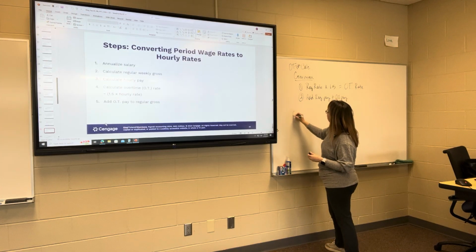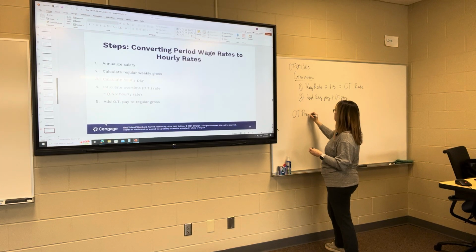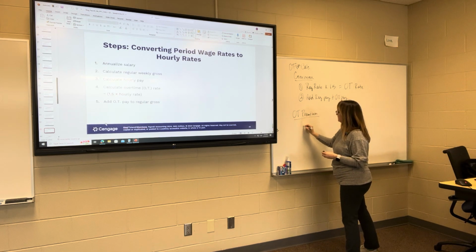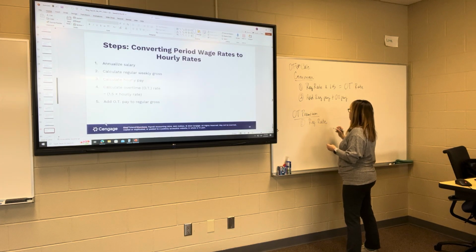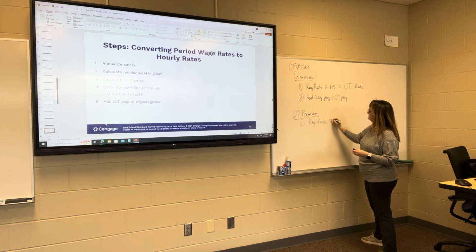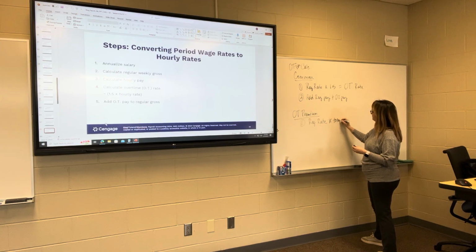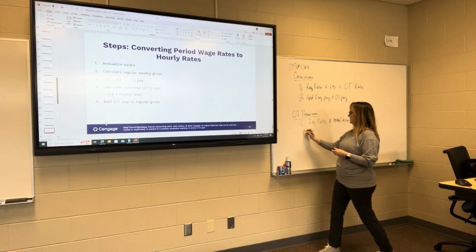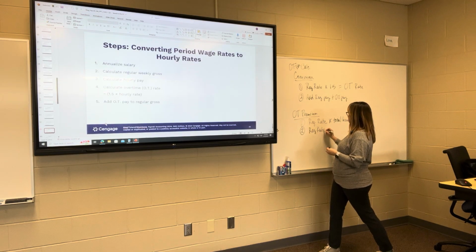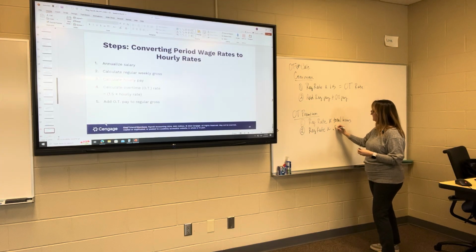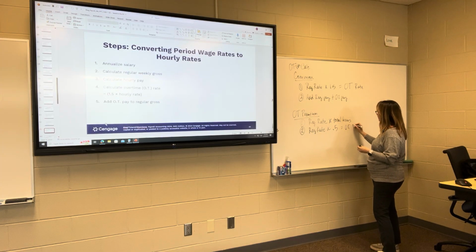For the overtime premium method, we're going to take the regular rate times total hours, and then for the overtime rate, we're going to take the regular rate times 0.5 to get the overtime premium rate.